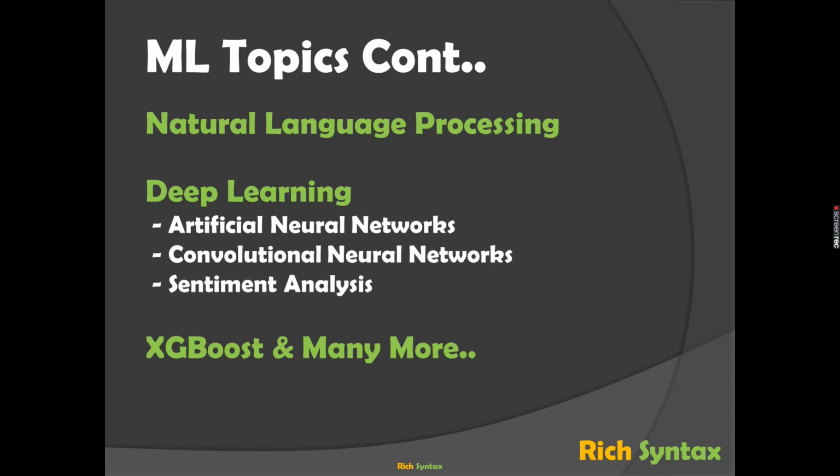Don't worry, we'll try to cover as much as we can. I'll try to make sure I cover all the trending topics which are right now in demand. So the main focus will be artificial neural networks, followed by convolutional neural networks, and we'll do some sentiment analysis as well. This deals with a customer being happy or unhappy with the service and so on. We will deal with that in detail, so don't worry.